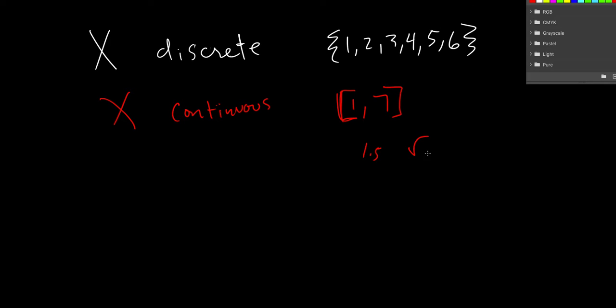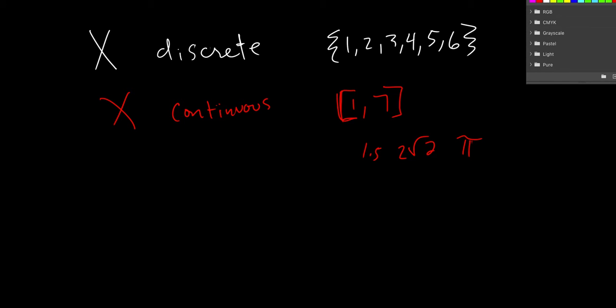We could have an outcome of 2 square root of 2. Things like that. We could even have pi. So it's any real number in between 1 and 7. So continuous scale. Discrete, we have individual values that are allowed.